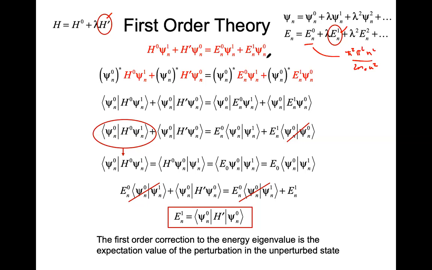And so here's the deal. I remember that was the red equation, the first order equation, which was the coefficients of lambda to the first power. I equated that. The first thing I did was multiply by the 0th order eigenfunction, and remember that is just the square root of 2 over a times the sine of, I'll just write kx, where we knew that k was n pi over a.